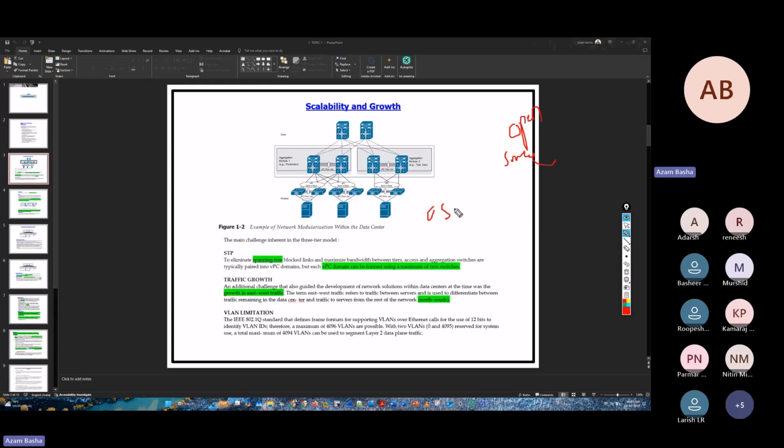OSPF is being asked in your interviews all the time. OSPF and BGP is 20 minutes of your interview out of 1 hour. Because right now routing is OSPF and BGP.